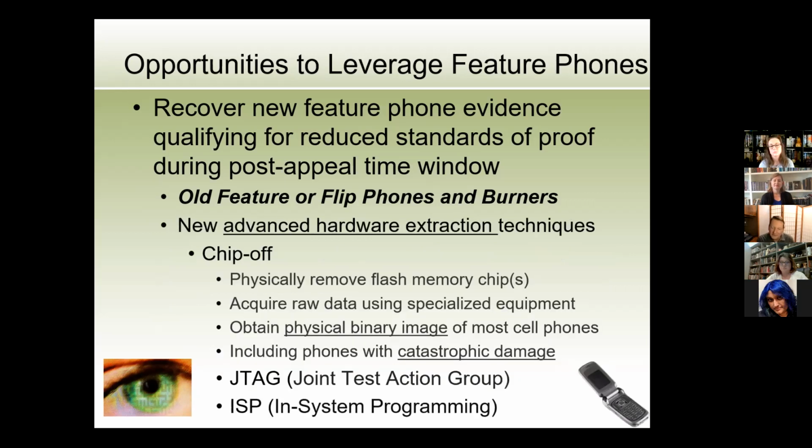There are also these hardware techniques I told you about at the beginning that we can use. There are 3 of them: chip-off, JTAG, and ISP. These are powerful capabilities to extract the memory of a flip phone or a feature phone or an old burner phone that weren't available 10, 12, 15 years ago. And we've done quite a few post-conviction cases, Innocence Project cases, where we get a chip-off and a physical image, right?